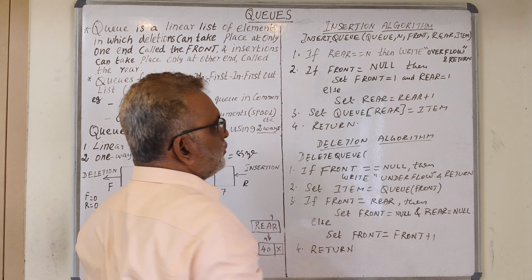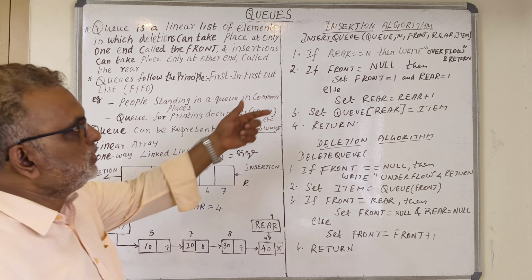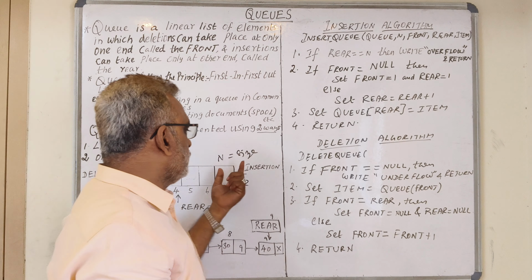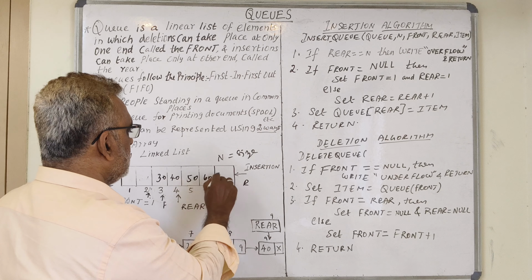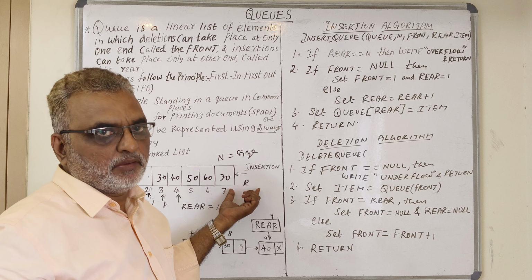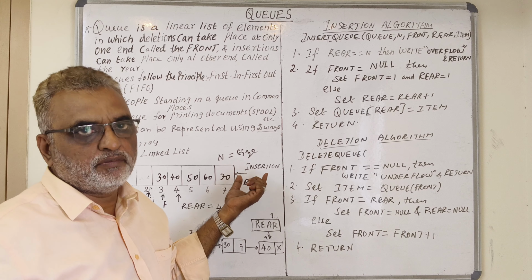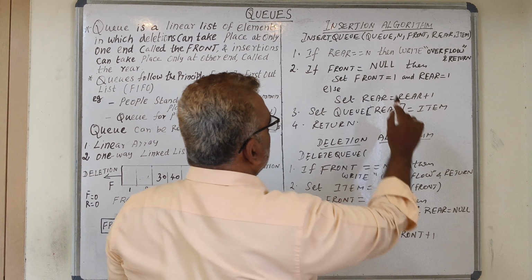So initially we have to check the overflow condition in order to insert an element. If the rear value is equal to N, that means no space is available to perform insertion. So if rear is equal to N, write overflow and return.